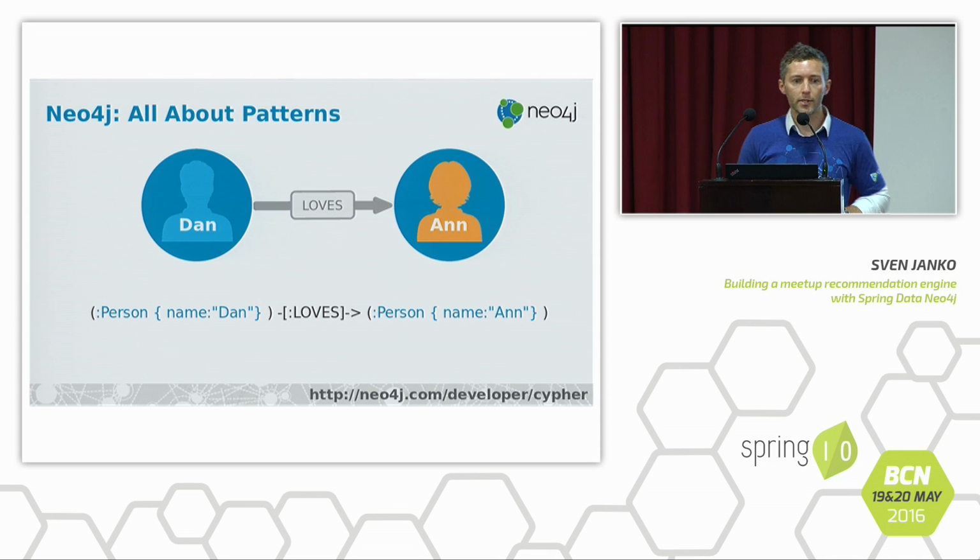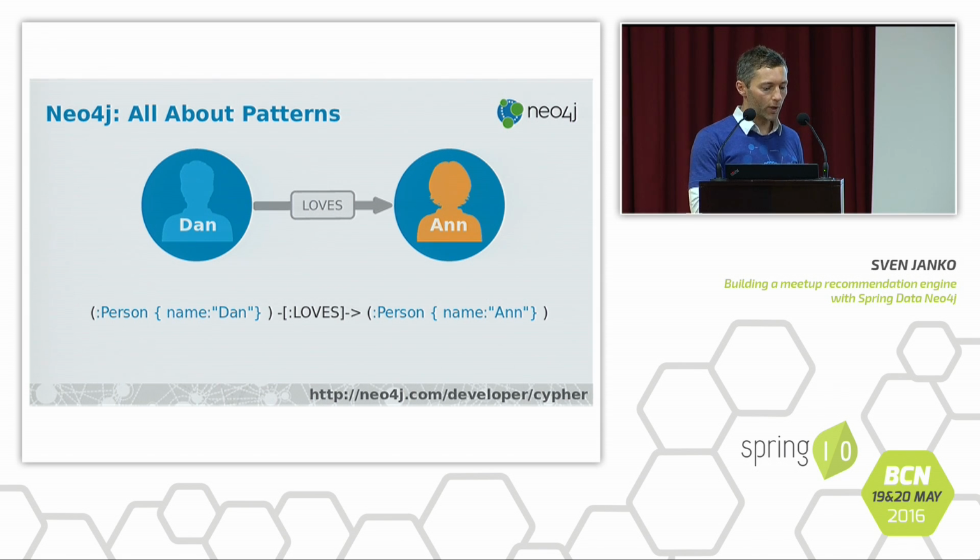What we are doing here is we are using brackets to define the nodes, like here. And we are also defining the parameters. In that case, that's name n. And then we are also using the square brackets for the relationship and putting the name behind the colon. So that's what we're seeing here. And then again, the same notation for the other person.